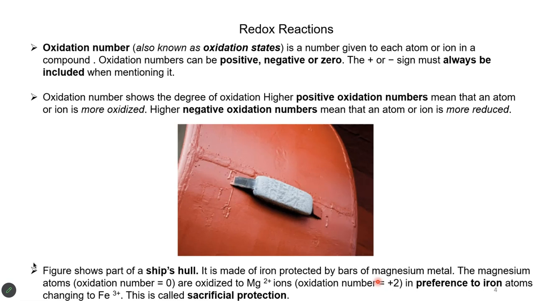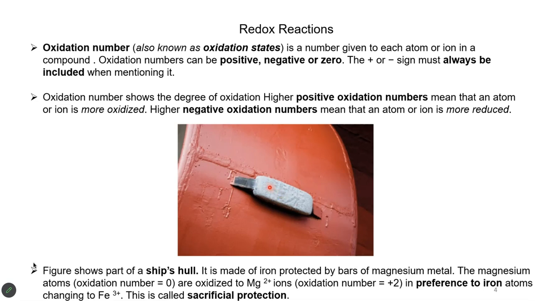A very simple application is this ship hull, which is made of iron, and this has to be protected because if it gets rust, then the ship hull becomes an unusable part. So what we are doing is having a metallic bar here, and that is a magnesium metal bar.